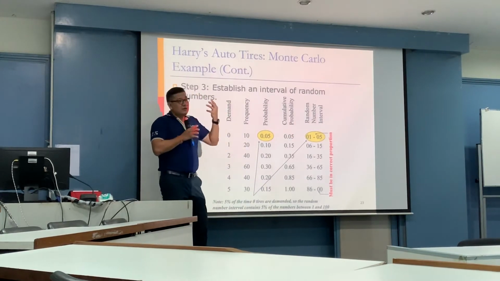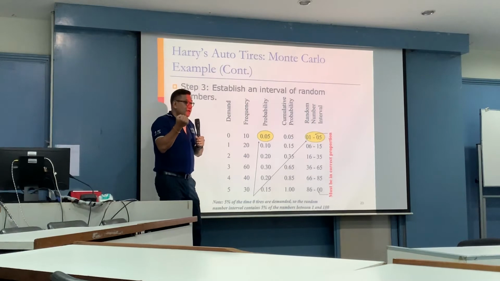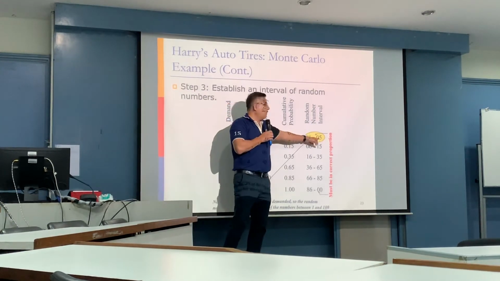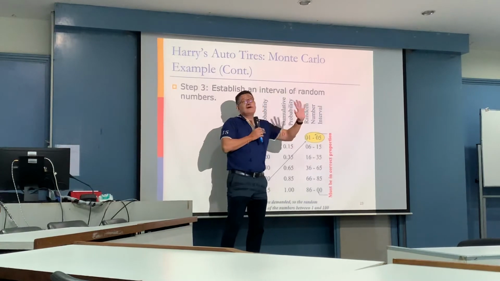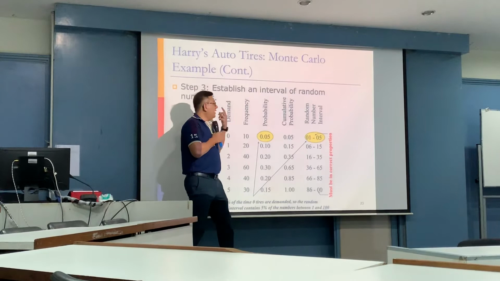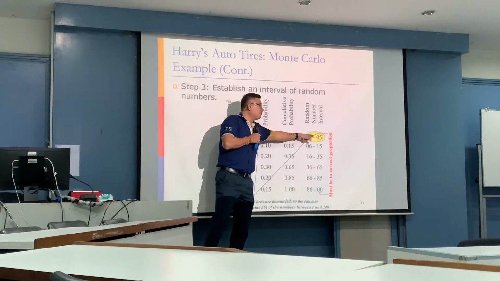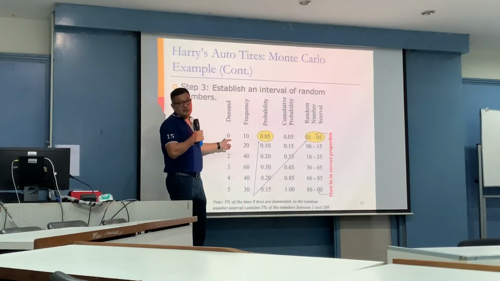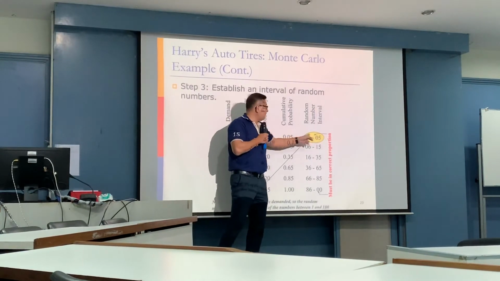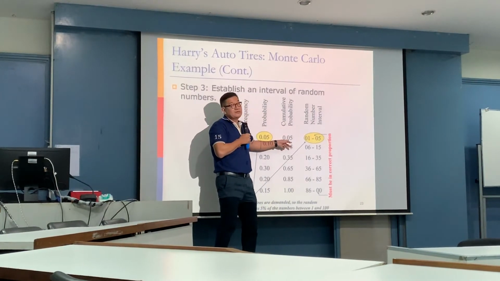Because let's say you have a random number, any number from 1 to 5, this is 5 numbers, right? It's going to be 5%. We can say, okay, if you have a number from 01 to 05, demand equals 0, right? And you can see the upper bound here, 05, comes from the cumulative probability distribution.